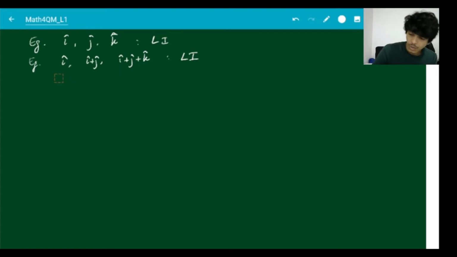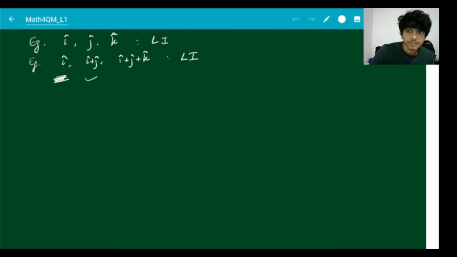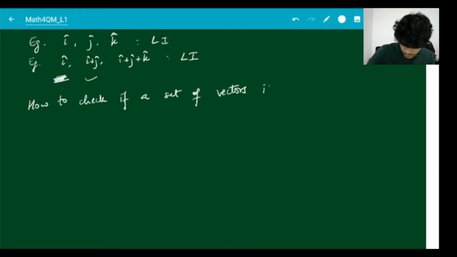Okay. So how to check in general whether a set of vectors is LI or not? The way to do it is as follows.